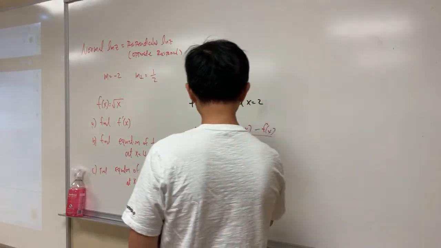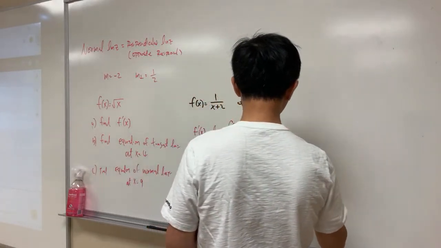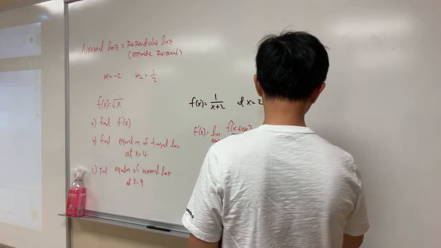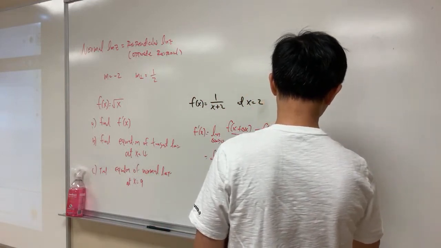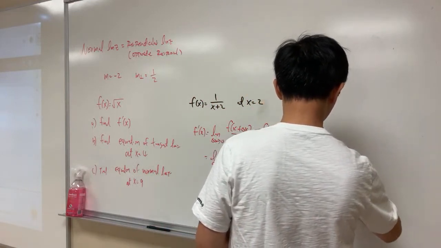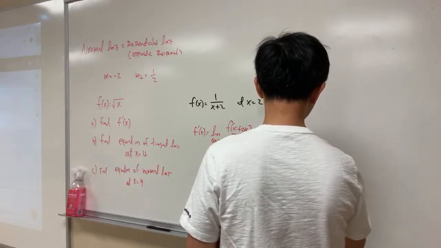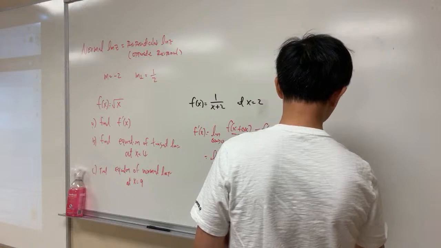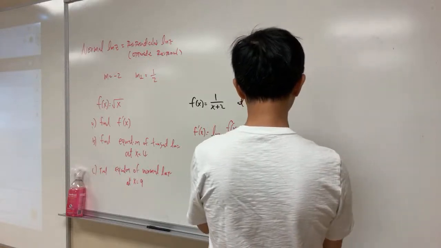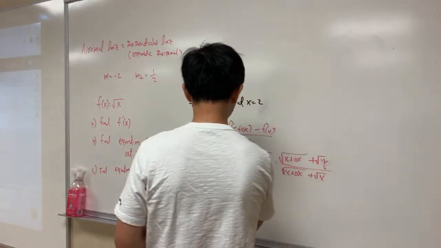And then when you plug in, you multiply by the conjugate. So here it's going to be square root of x plus delta x plus square root of x. This is a conjugate, so the radical is going to go away.